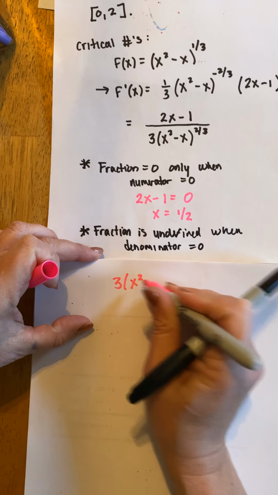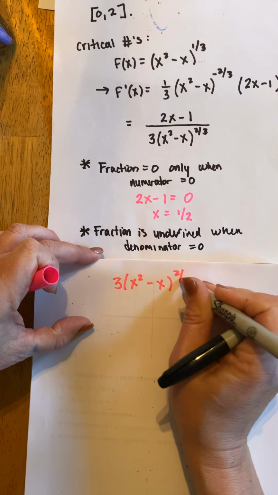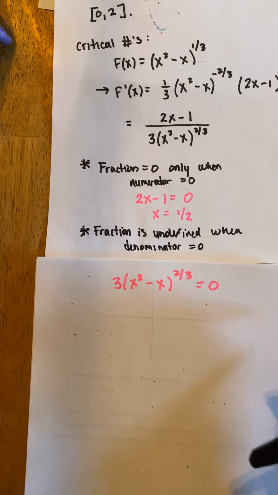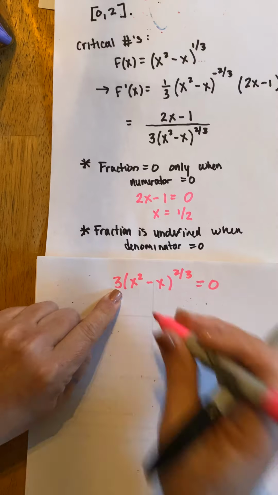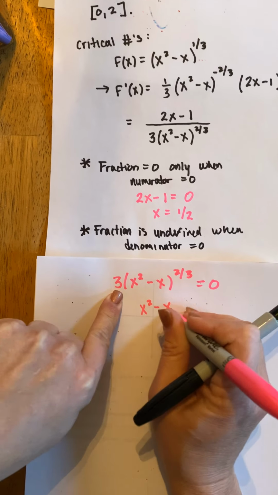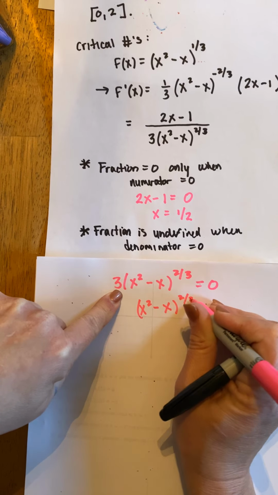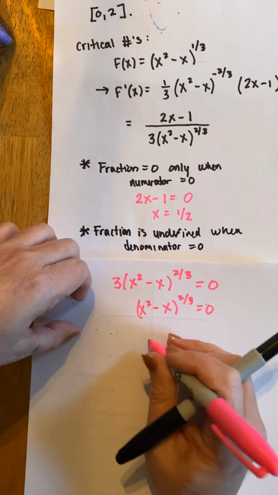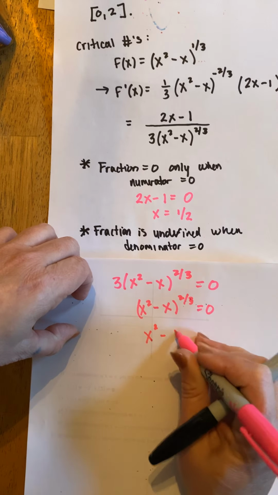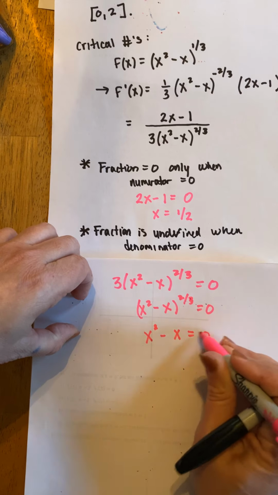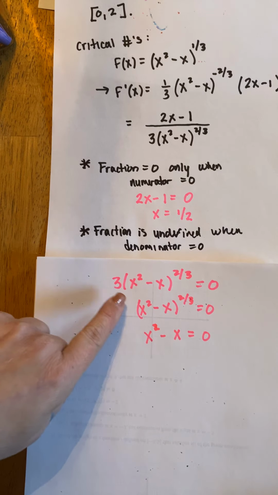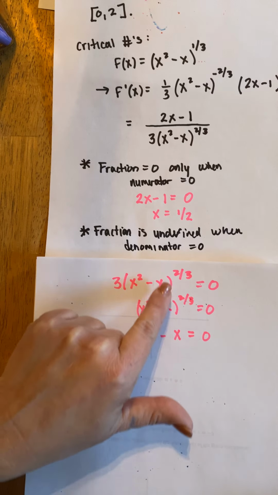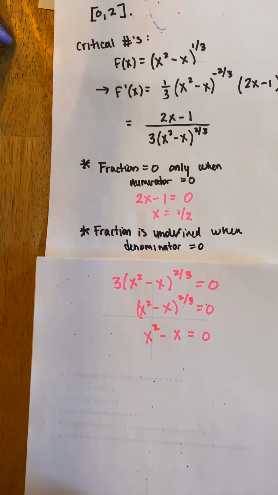This is not nearly as horrible, because in order to solve this, I could divide the 3 out on both sides. So I'm really just solving x squared minus x to the 2/3 equals 0. Then I can raise both sides to the 3/2 power and get rid of the radical in the power. So really, the denominator, 3 times x squared minus x to the 2/3 power, only equals 0 when this stuff inside the parentheses equals 0.